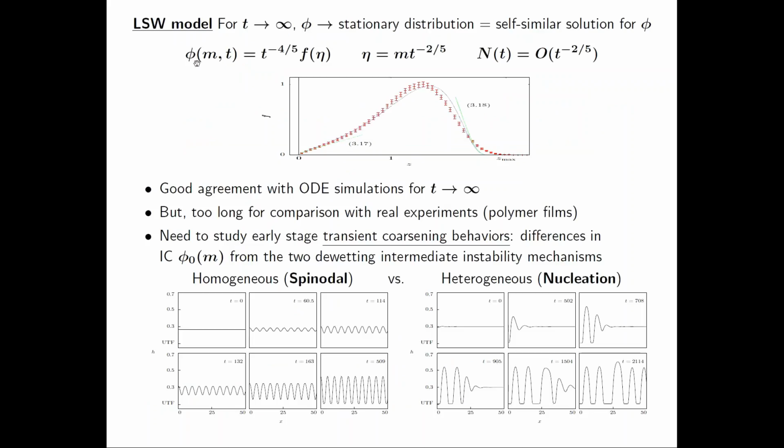So the distribution function itself can be written in a similarity form. You can find a similarity form which corresponds to looking for a stationary distribution for long times. So for long times, whatever initial conditions you start with, the distribution of droplet sizes approaches a specific form. That's still somewhat argued about in rigorous analysis because there are issues about the compact support of this distribution function.